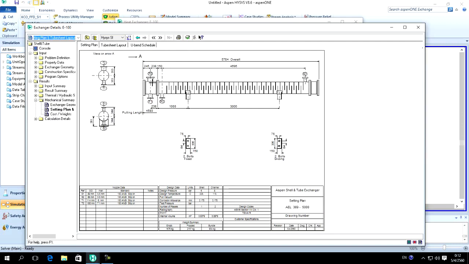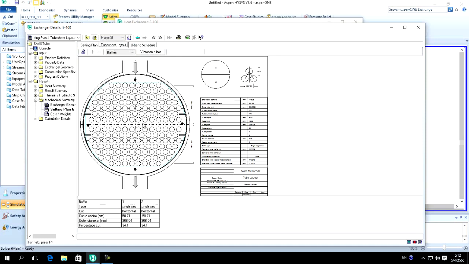So it seems to be one shell and 2 tube passes. How about the geometry on the tube side? So it looks good, and that is for the top part of one tube pass, and the other tube pass is the one below.